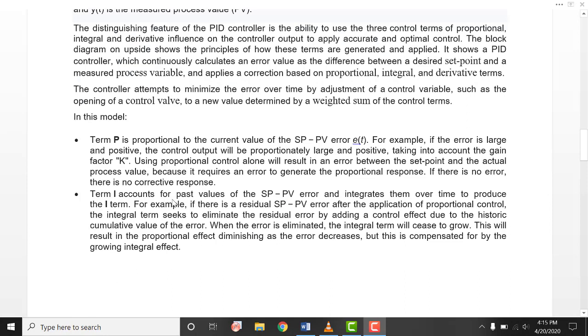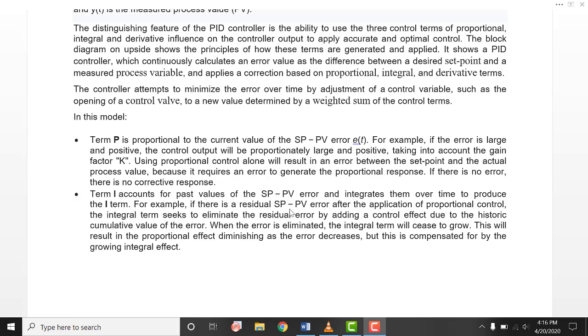Now, the term I accounts for past values of the SP minus PV error and integrates them over time to produce the I term. The value which was proportional, SP minus PV, will come into this integral mode, and it will integrate. After integration with respect to time, we get our I term.